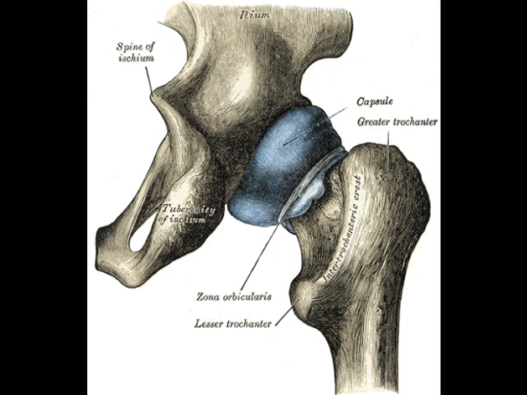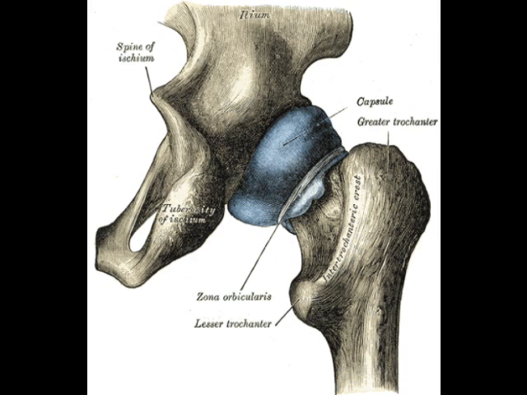To the left there, you can see it says spine of ischium, the same as ischial spine, which is again an important landmark for people when they get their pudendal nerve blocks. That's near the area where they do it.